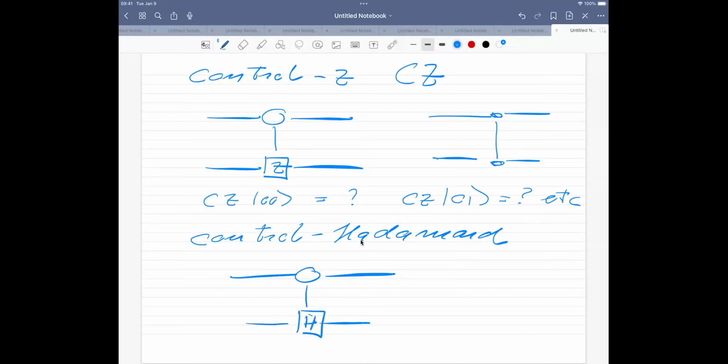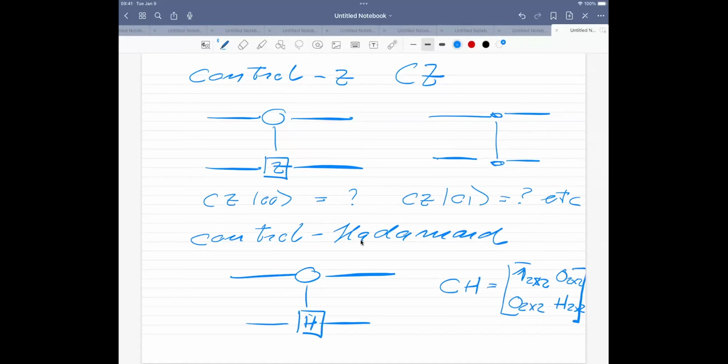That's another type of gate which you can set up. The way you would write it is through a matrix, which you would call CH. That is going to be given by the identity matrix, 2 times 2, 0, 2 times 2, and then you have the Hadamard matrix, 2 by 2 here.